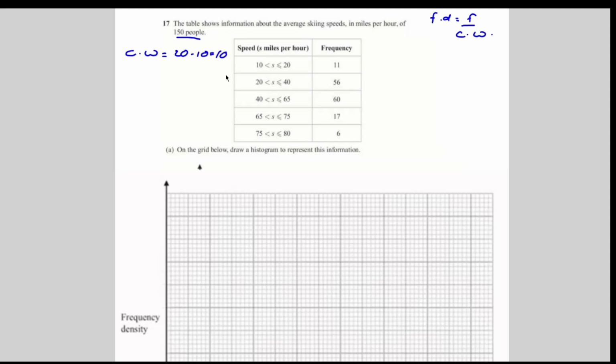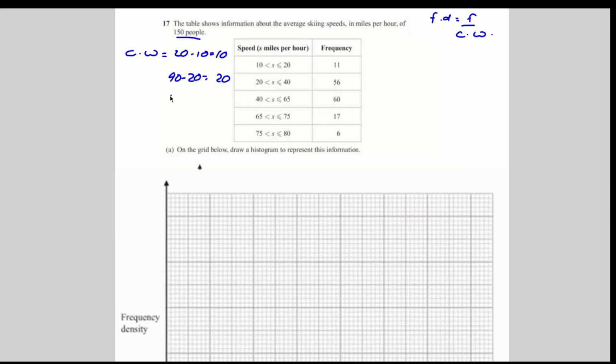We need to subtract two class boundaries. It is not the class midpoint. You have to get the two class boundaries and subtract them. This is 10. In this case, class width is 40 minus 20 equals 20.